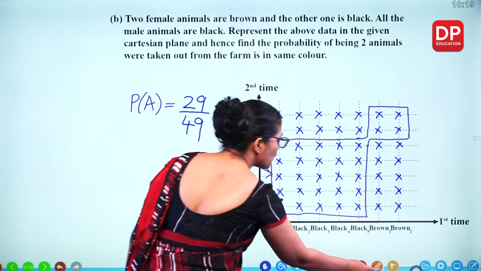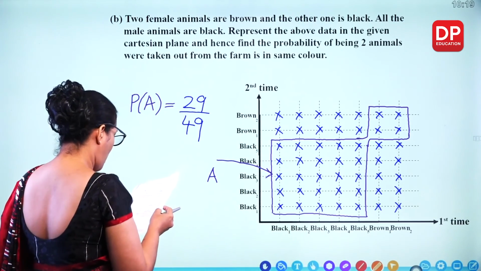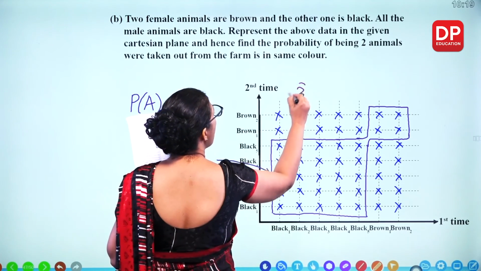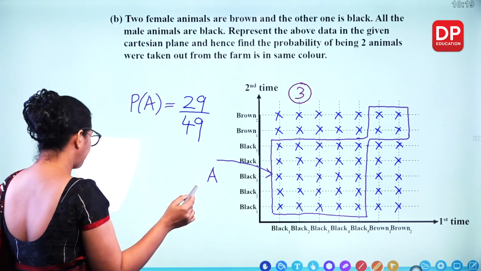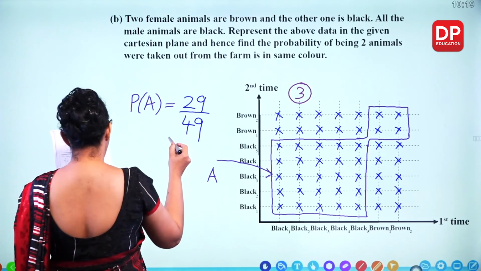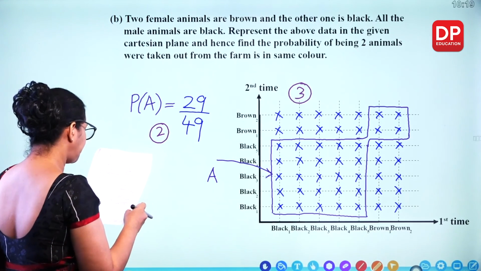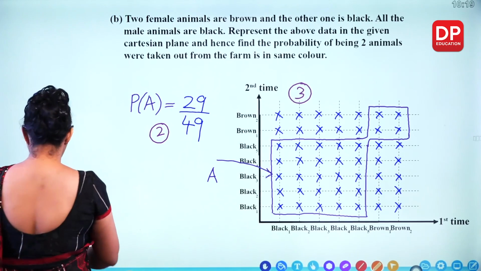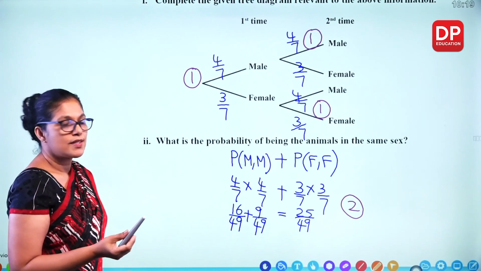So how many marks for this part? In this one, 3 marks for marking all possibilities and 2 marks for calculating this probability. So 5 altogether, and previously 5 marks.